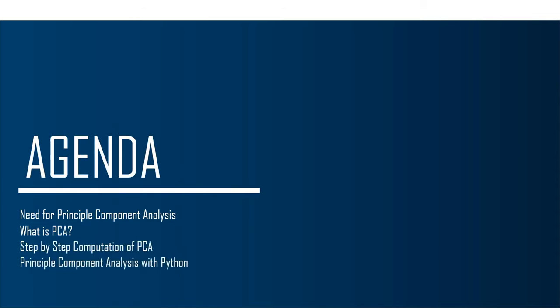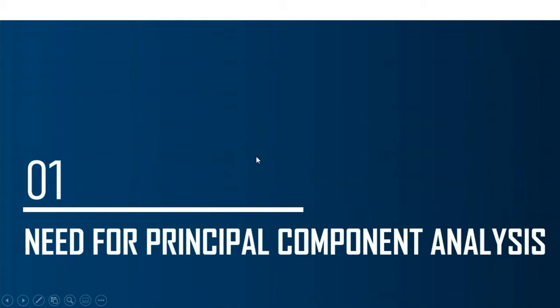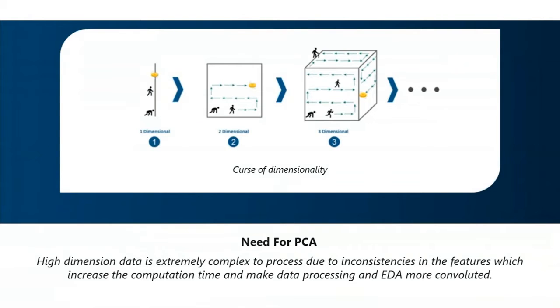We will jump into the actual topic: why we need principal component analysis. We need to implement principal component analysis when any data could be represented with multiple dimensions, right?